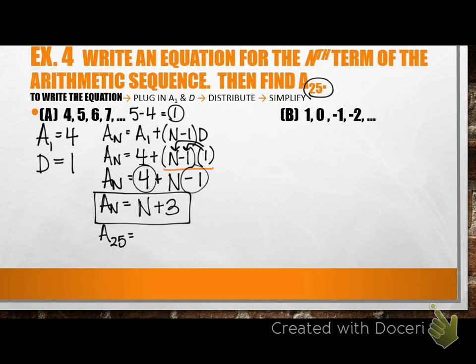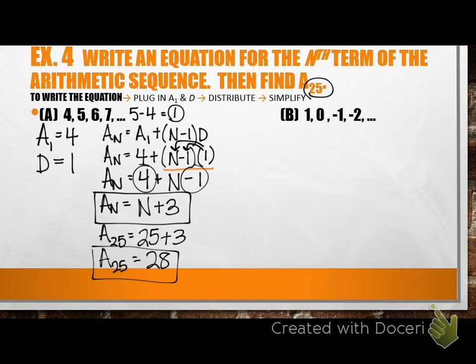So if the formula says a sub n and I've put a value in place of n, then what value is going in place of n in my equation? 25. Good. So 25 plus 3. A sub 25 equals, what's 25 plus 3? 28. So the 25th term, if I sat there and I added 1, and added 1, and added 1, all the way to the 25th number, I would get 28.